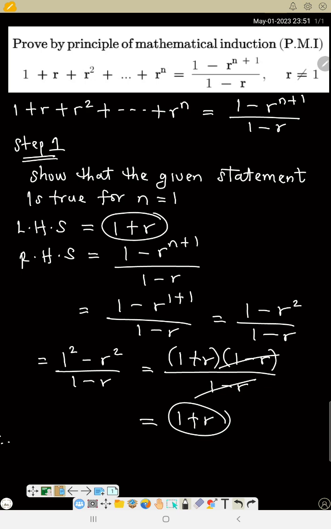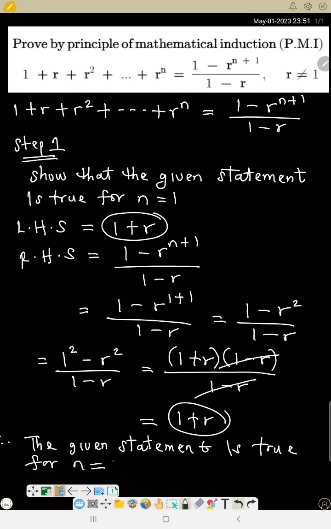So we can now say the given statement is true for n equals to 1. So that means we have shown step 1 like this.